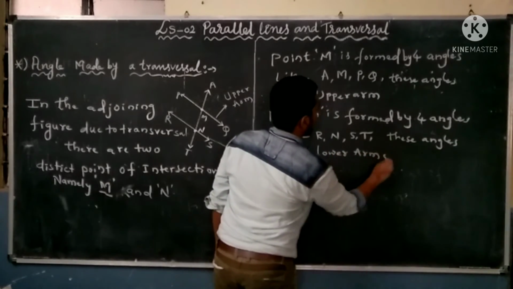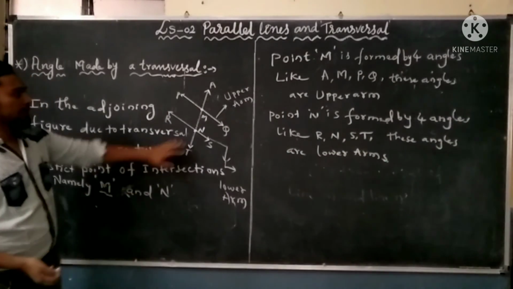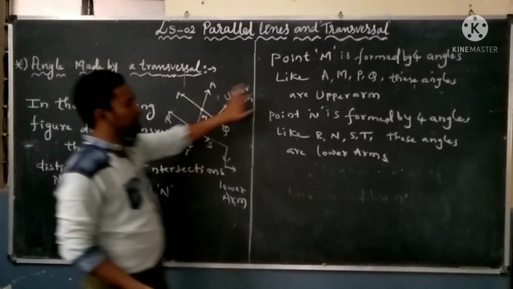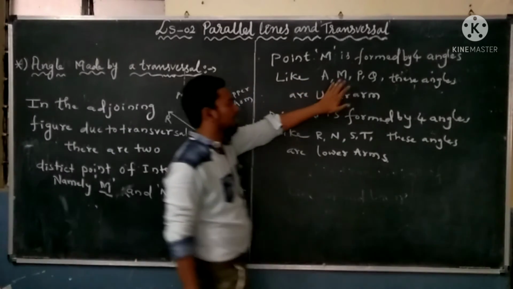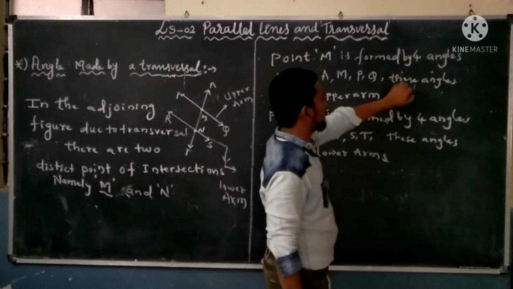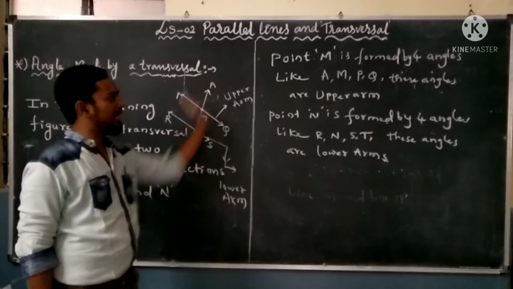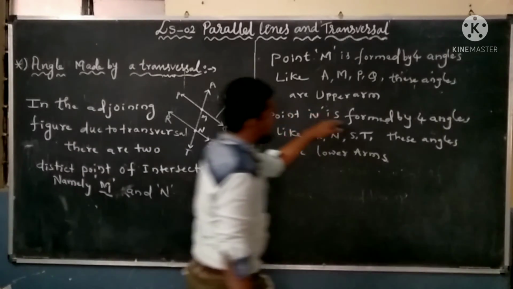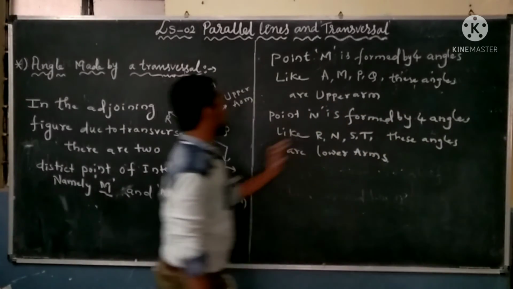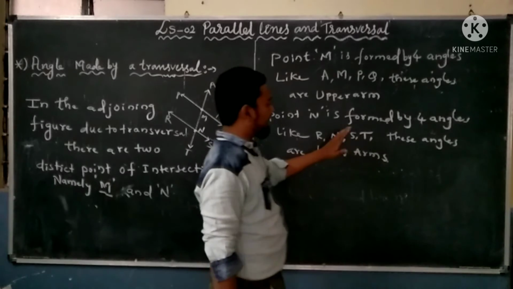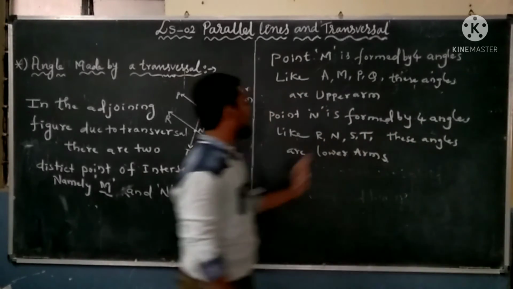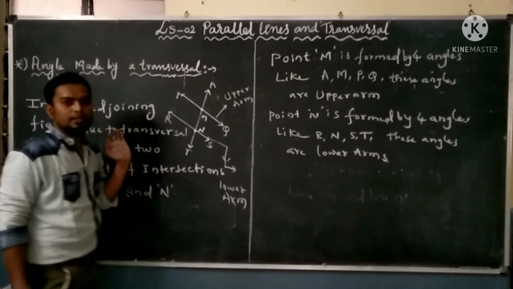Here point M is formed by 4 angles like A, M, P, Q. These angles are upper arm. And point N is formed by 4 angles like R, N, S, T. These angles are lower arms.